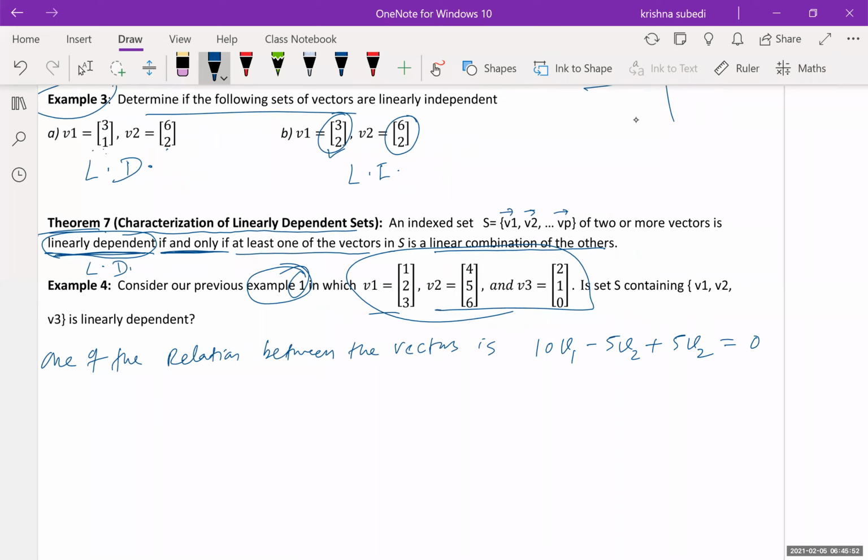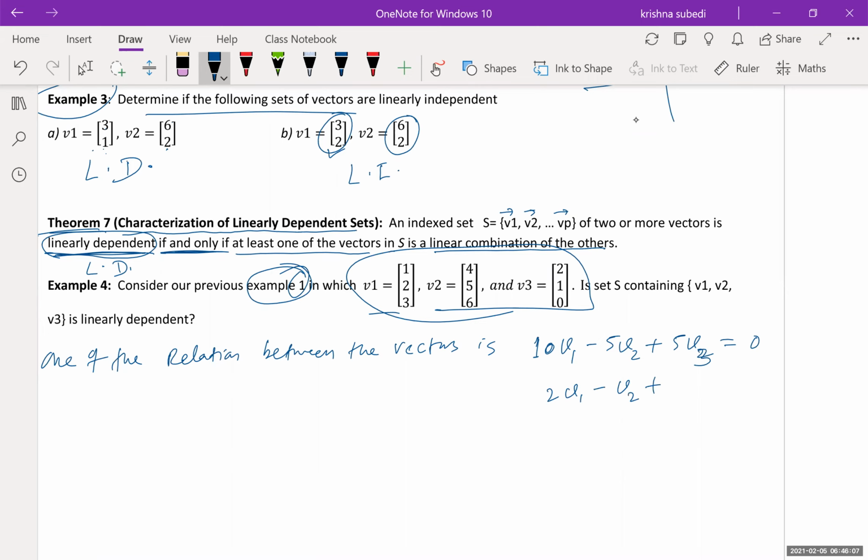Can you check whether I wrote the correct relationship between V1, V2, V3? Or you can simply write 2 V1 minus V3. It should be V3 on the last one, right?